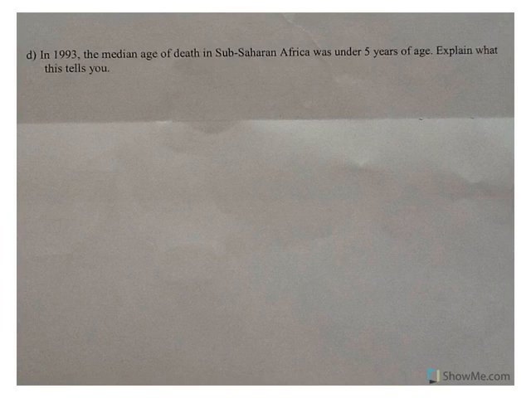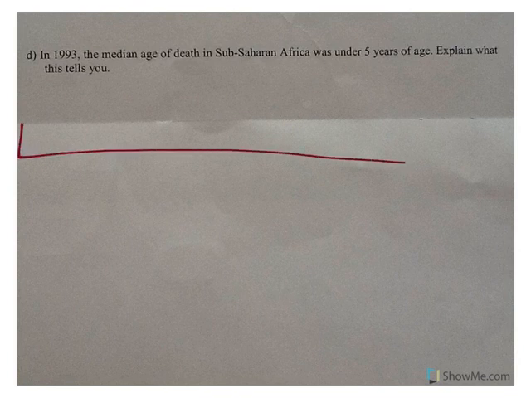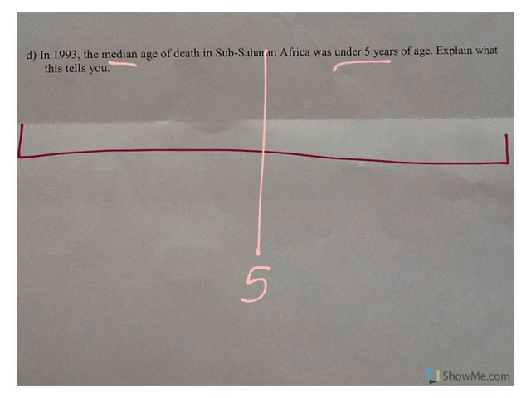Letter D. This is a sad statement here. In 1993, which again is a while ago, the median age of death in Sub-Saharan Africa was under 5 years of age. So, if we talk about everybody who died in 1993, median is directly in the middle. These are all the people that died. 5 is the median. It says under 5, actually. So, 50th percentile.